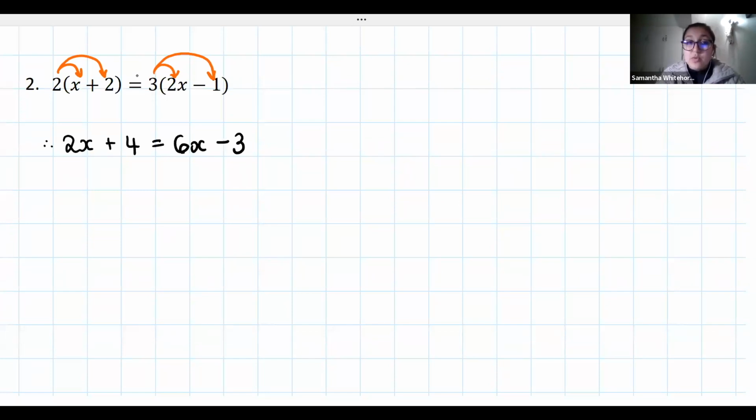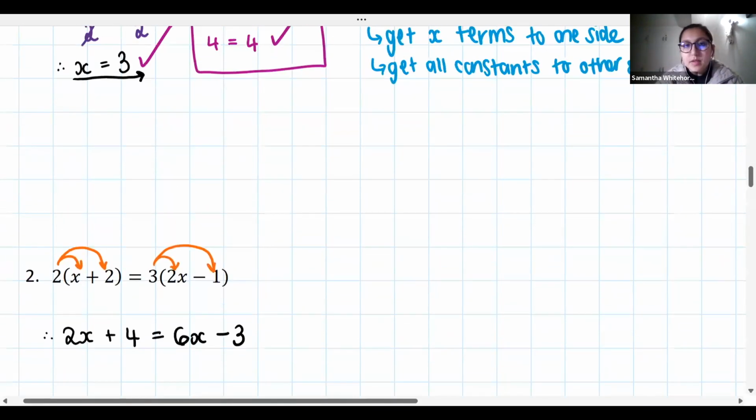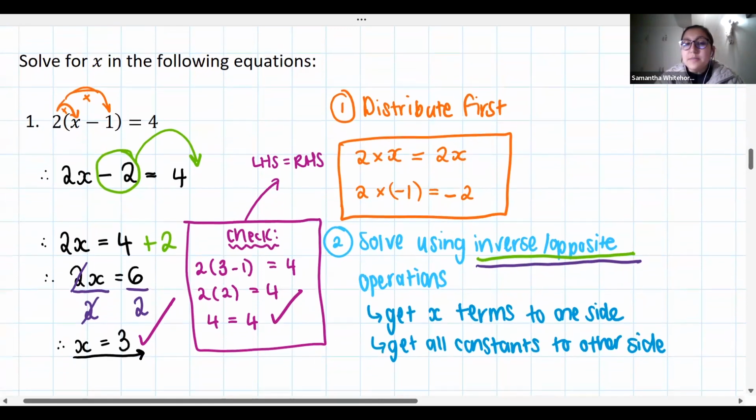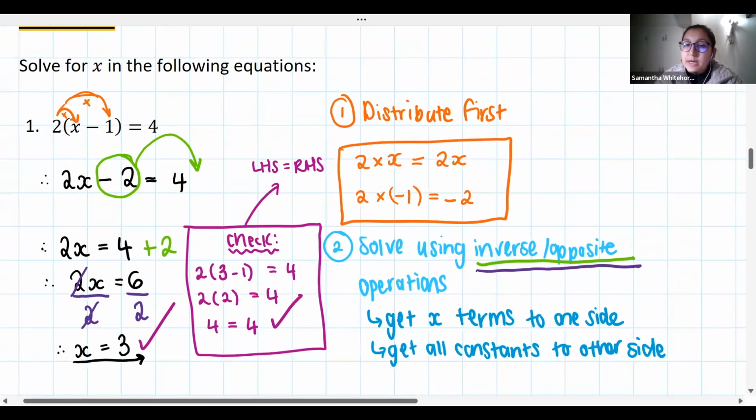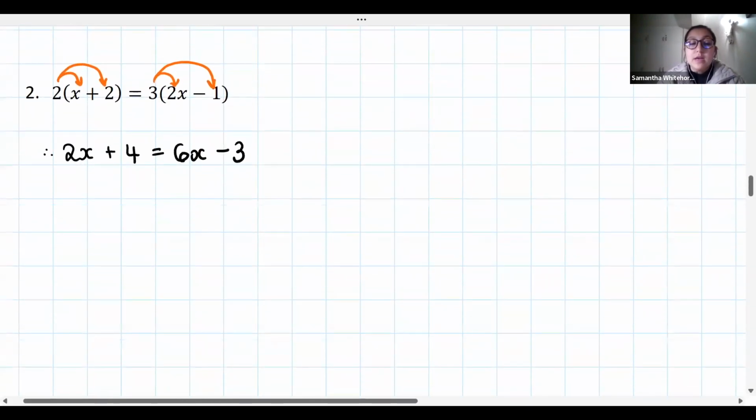So now we have a situation of we've got x's on both sides and we've got numbers on both sides. But remember, if we go back up here, our second step said that we solve using inverse operations. And to do this, we get all of our x's on one side, all of our constants on the other side. Now, again, I like to put my x's on the left.